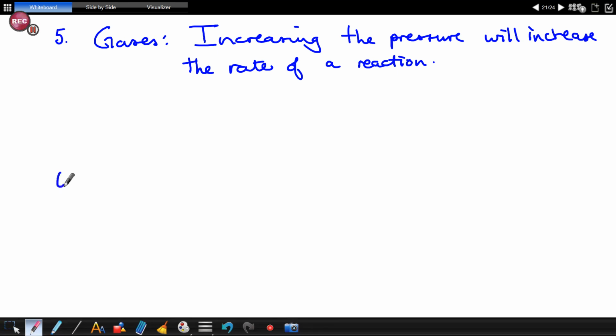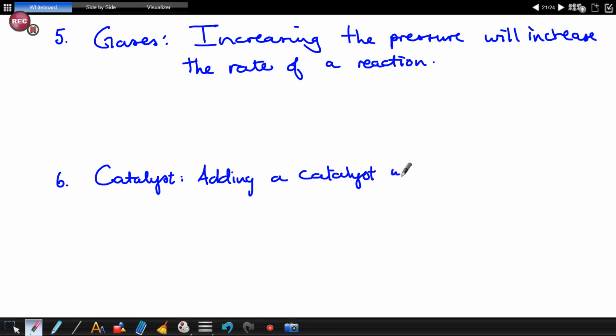And then the sixth factor is catalyst. Adding a catalyst will increase the rate of a reaction.